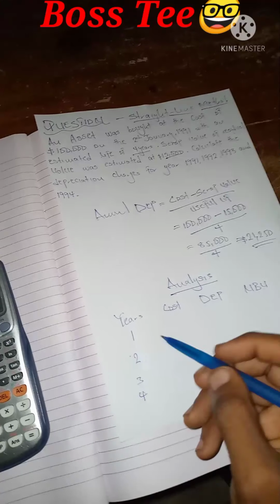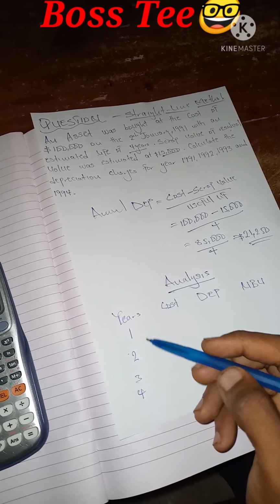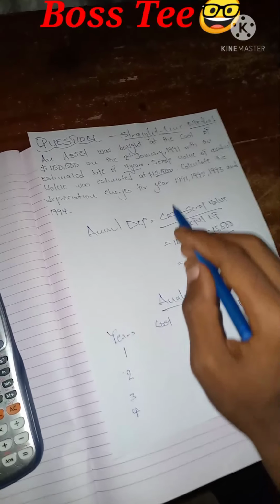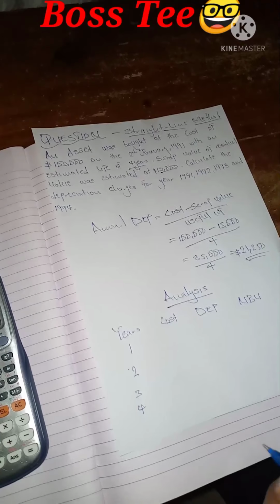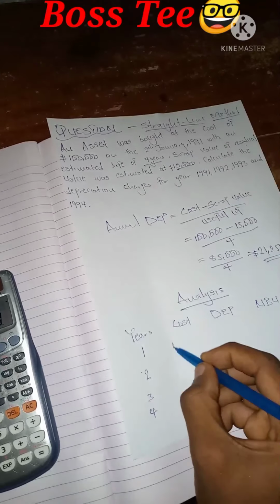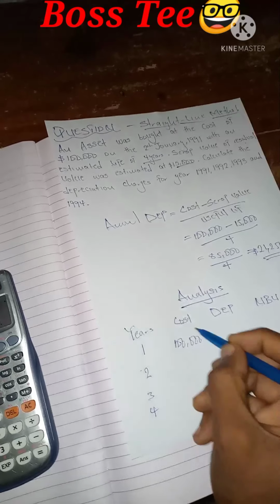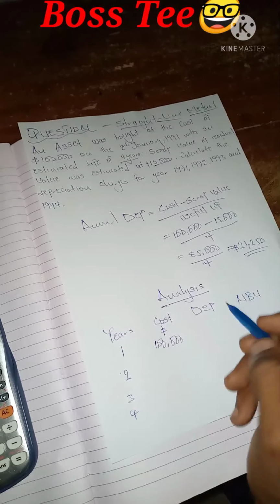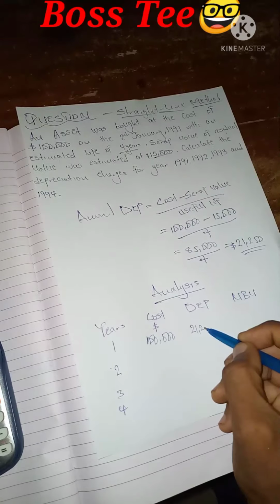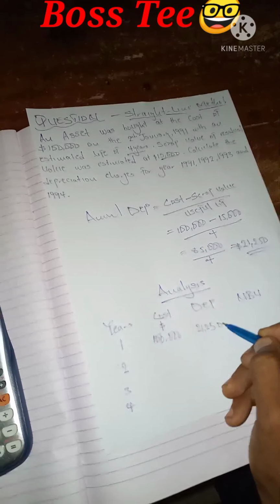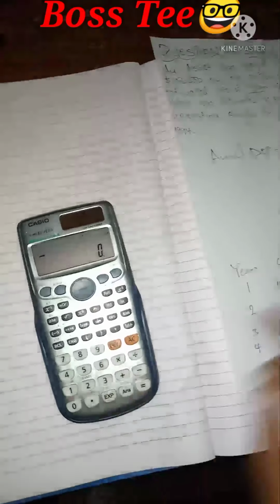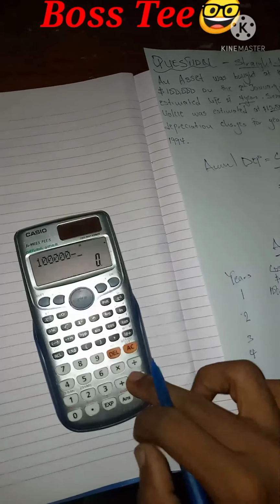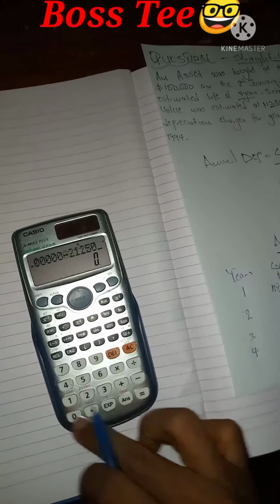So we'll open up the analysis. Good. We have the years, which is 1, 2, 3, and 4. The cost of the asset for year 1, 1991, is $100,000. Good. But mind you, we should charge depreciation annually, 21,250. So we do subtract 100,000 minus 21,250.